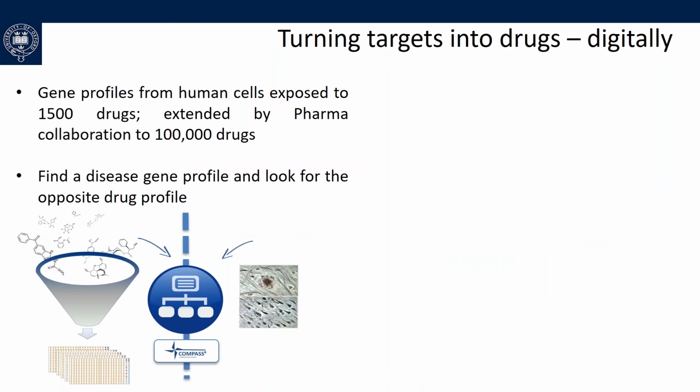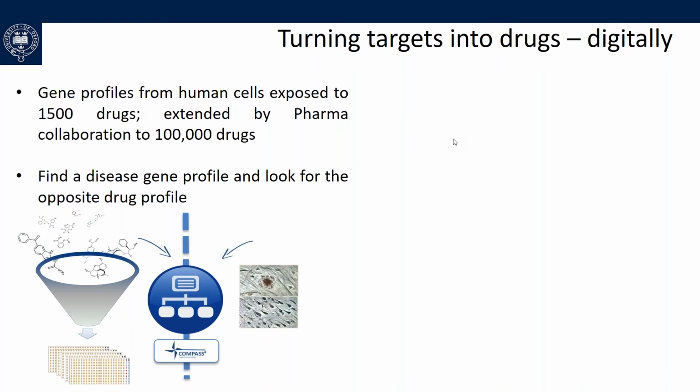And for this, we use something called the connectivity map. It's a great study. It's a study that you can do yourself. It's all open access. It's available at the Broad Institute in Boston.